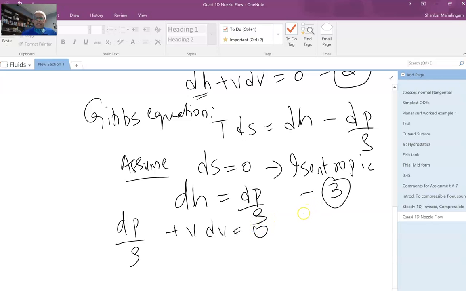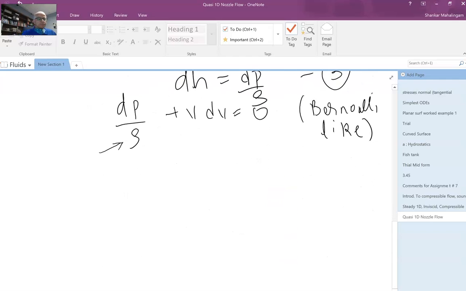If you think about this, this is really a Bernoulli-like equation, with a very strict statement that I have to make: Bernoulli goes on further by assuming rho is a constant. Here we are not making that assumption. And then we also have dP equals c squared d rho, and this comes from the speed of sound, if you recall the video associated with that.